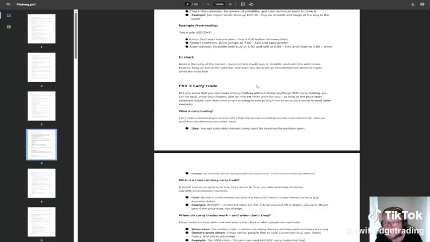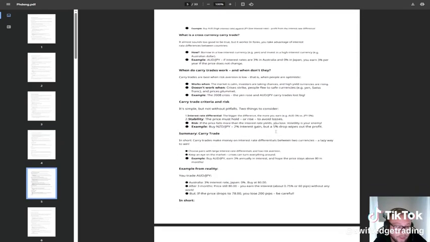If you trade forex, you just need to pick the right pair, and then you make money overnight because of the swap. Normally you pay a swap when you have an overnight trade, but in a carry trade the interest is different, and then you actually earn money just to hold the position. So it can also be a strategy.